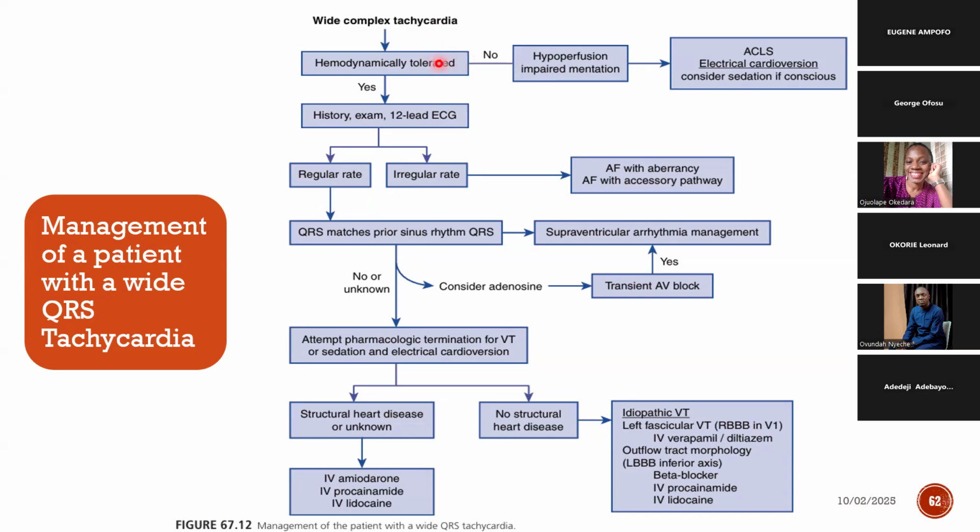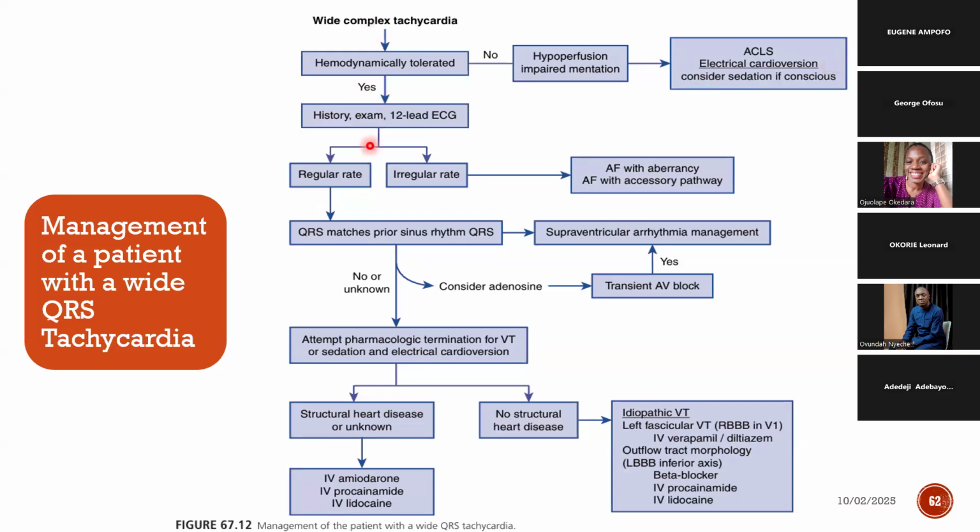If the patient is hemodynamically unstable with hypoperfusion, impaired mentation, then that becomes a medical emergency, and we need to follow the ACLS guideline and give electrical cardioversion as soon as possible. We also consider sedating the patient if the patient is hemodynamically unstable but conscious.